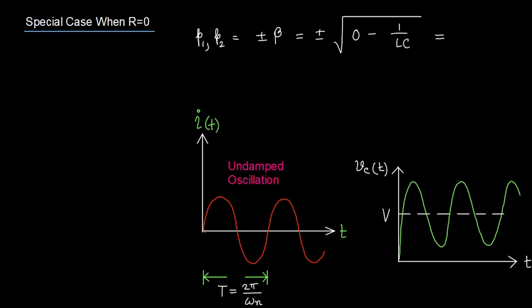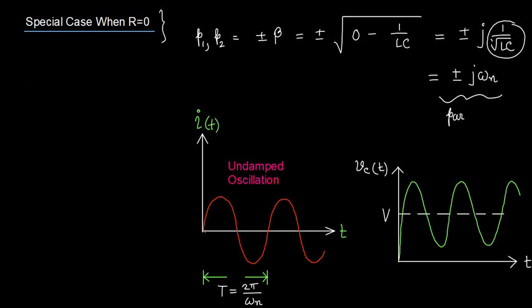Since R is 0, the first term is 0. So basically it is plus minus j times 1 by root LC, which is nothing but omega n. So the roots for this case, when the resistance of the circuit is 0, are complex conjugate and also purely imaginary. Now zeta, the damping ratio, given by R by 2 root C by L, is also 0 since the resistance is 0.